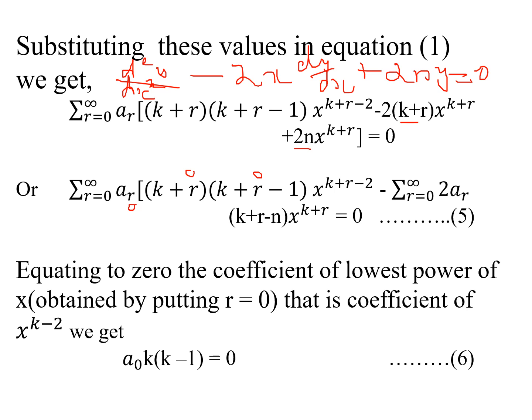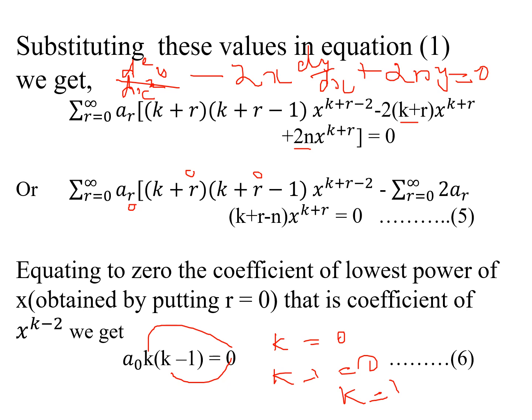Therefore, this becomes a_0 k into (k minus 1) is equal to 0. a_0 being the first term of the series, that will not be equal to 0. Therefore, either k is equal to 0 or k minus 1 is equal to 0. That is, k is equal to 1. Therefore, either k is equal to 0 or k is equal to 1.